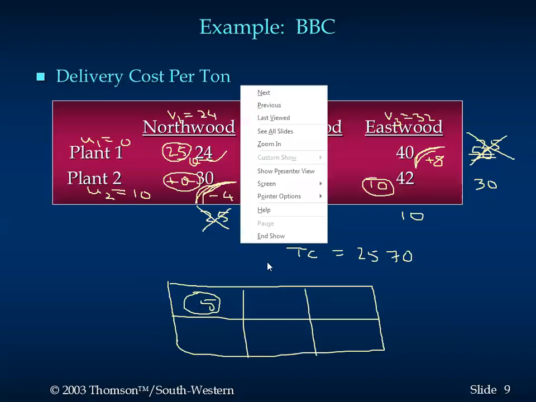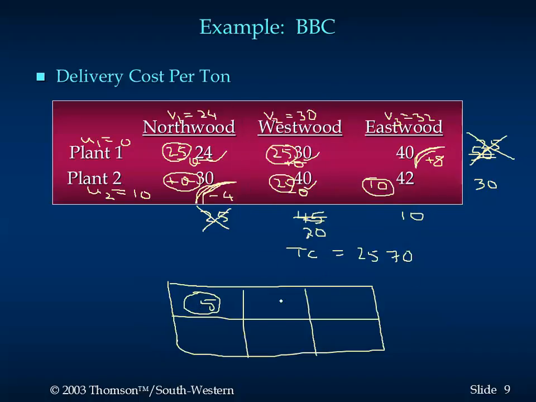Okay, 5. 25 plus 20, so 45 here. This is plus theta, so 20 here. And this is 20 minus 20, so it becomes 0 and becomes empty. Now there are 4 basic cells again.